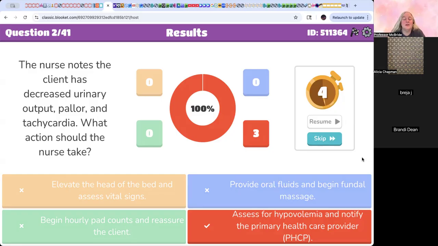This is going to be something that would be common with a hemorrhage. So decreased urinary output because we're not perfusing our kidneys well if we've been bleeding. Pallor because less blood. Tachycardia is, remember, our first vital sign change with hemorrhage; the heart rate goes up even before we see anything else.